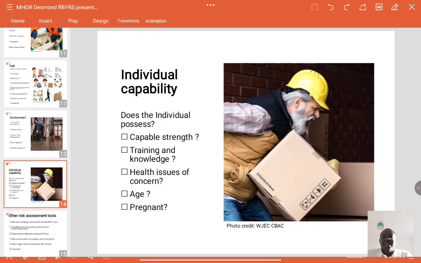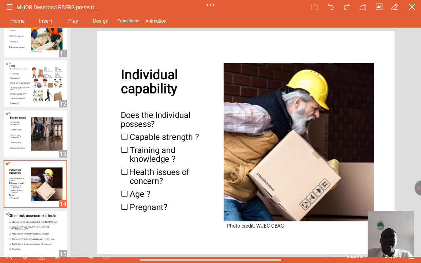Now let's look at the individual capability. The individual capability is really a major concern. It forms a major part of undertaking risk assessment. So you need to analyze the type of job that you are giving to the employees. Every employee has his own capability or strength.